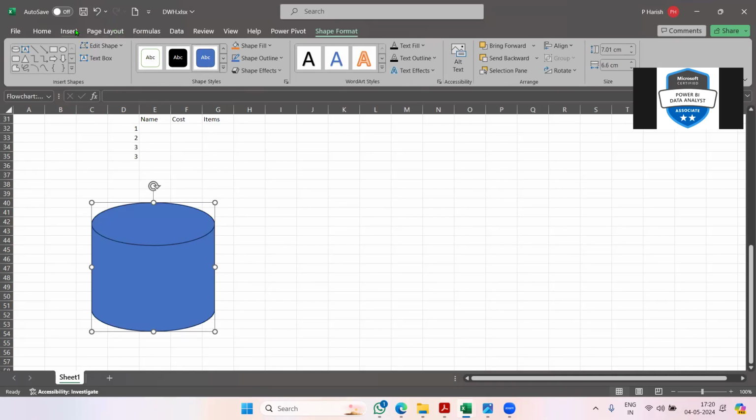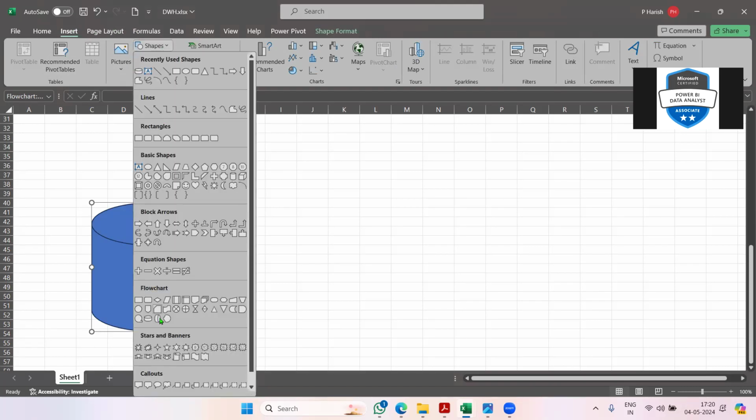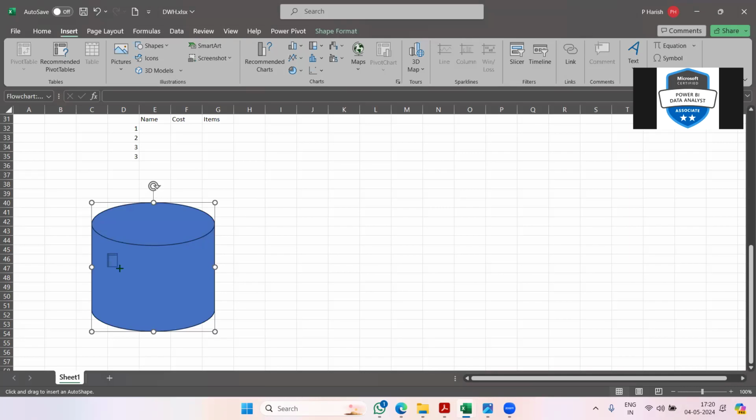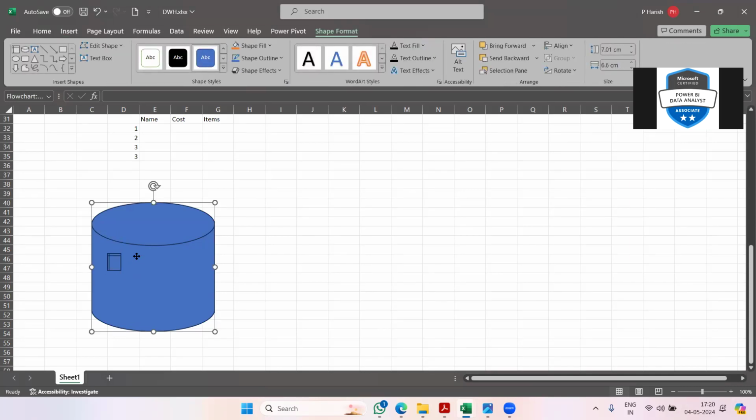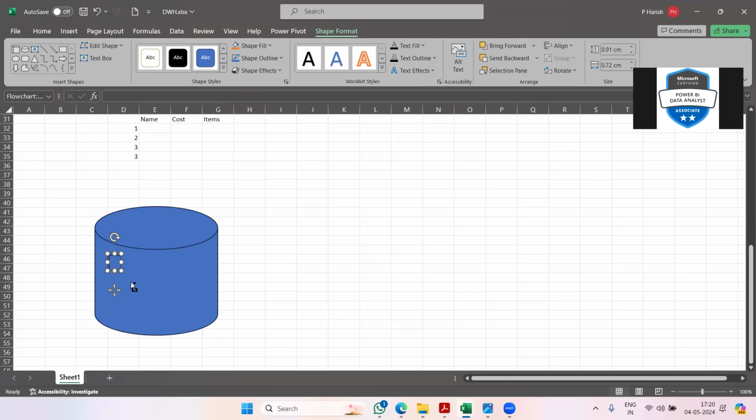Now, a database is going to have properly structured information in the form of tables like this. Each table can be storing customer information, employee information, or product information, right?